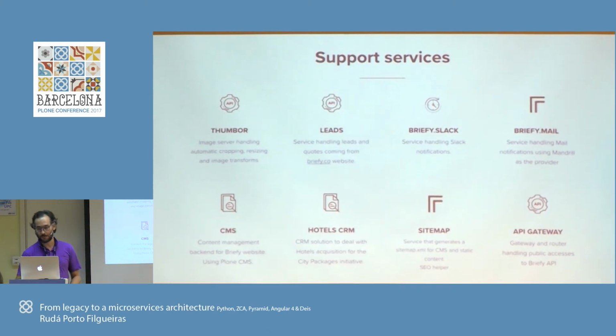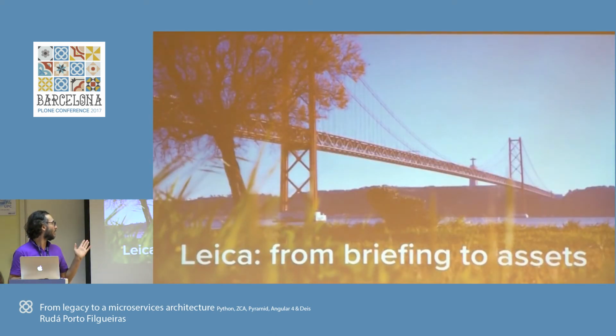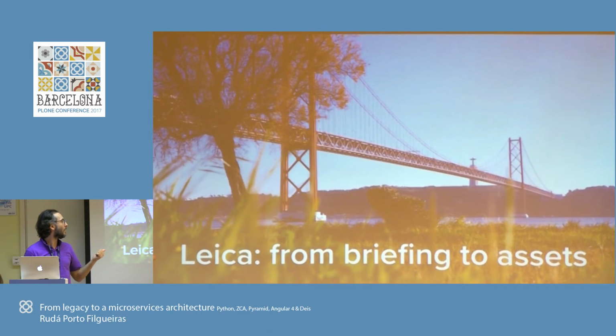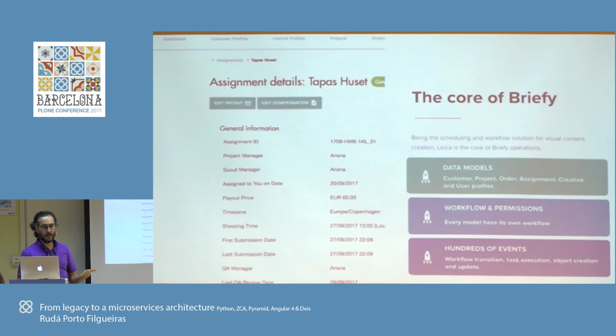I will go now into details about Leica, just to give an idea of the process, how we connected from the initial briefing of the project, saying, okay, the customer wants this kind of style, this kind of images from hotels or restaurants, and how our process works. Mainly, for one order, we need to create one or more assignments to photographers.